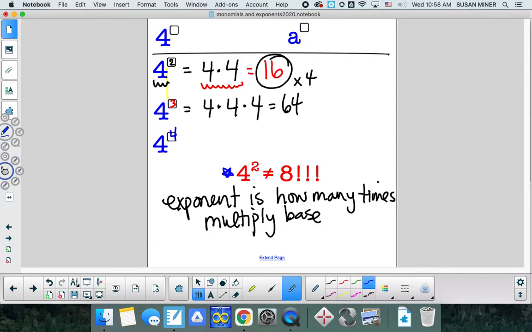So if my exponent is 4, 4 times 4 times 4 times 4. Okay, so we're getting what we say exponentially bigger every time. We can increase things very, very big when we use exponents.